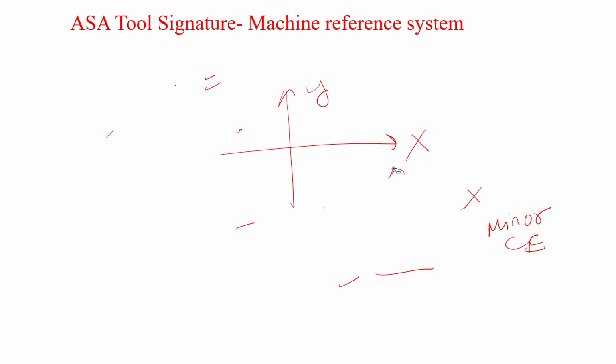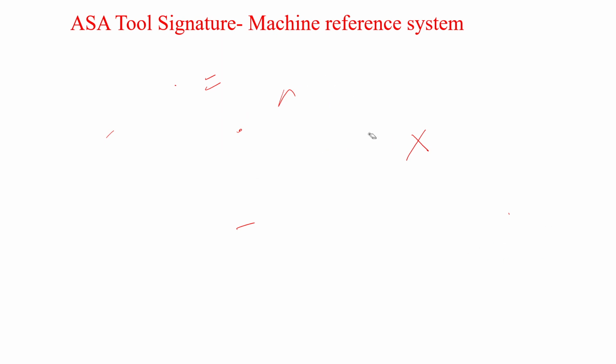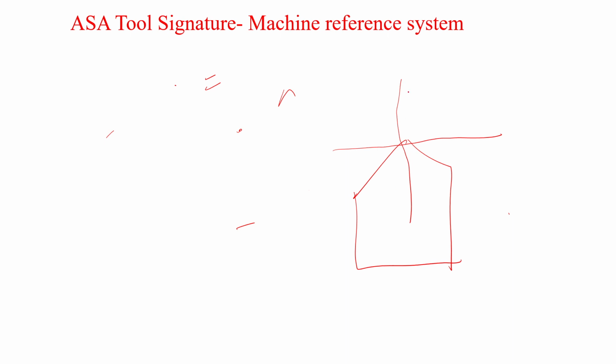Sorry, one second, this is wrong. I'll draw it once again. See, this is a tool, and this is y, and this is x.